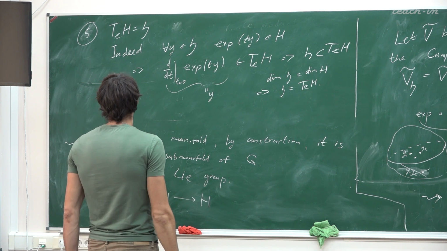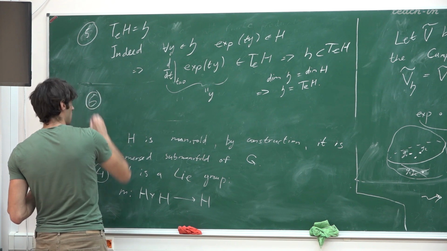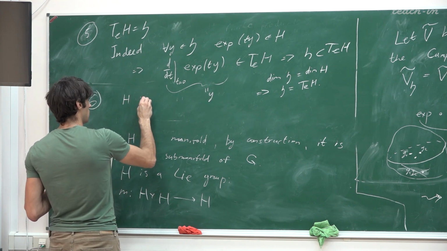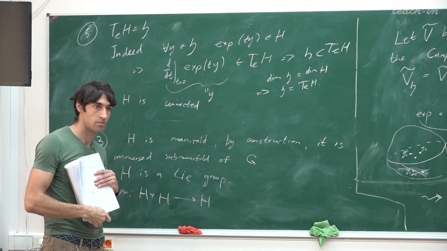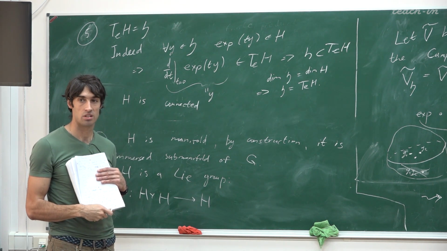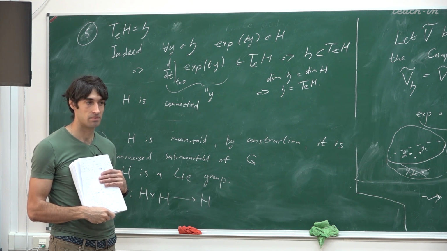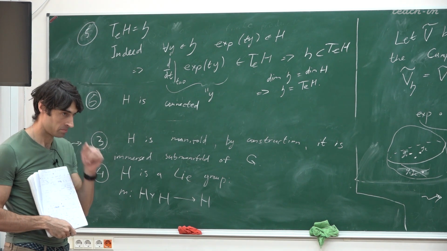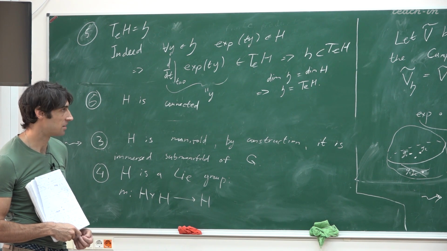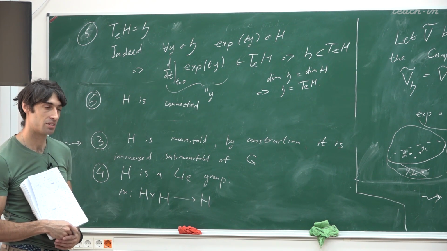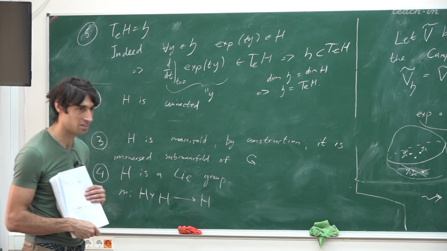Okay, and finally 6 is that H is a connected Lie group. Why is that true? Since we generated it by a neighborhood of identity, which should be connected, right?